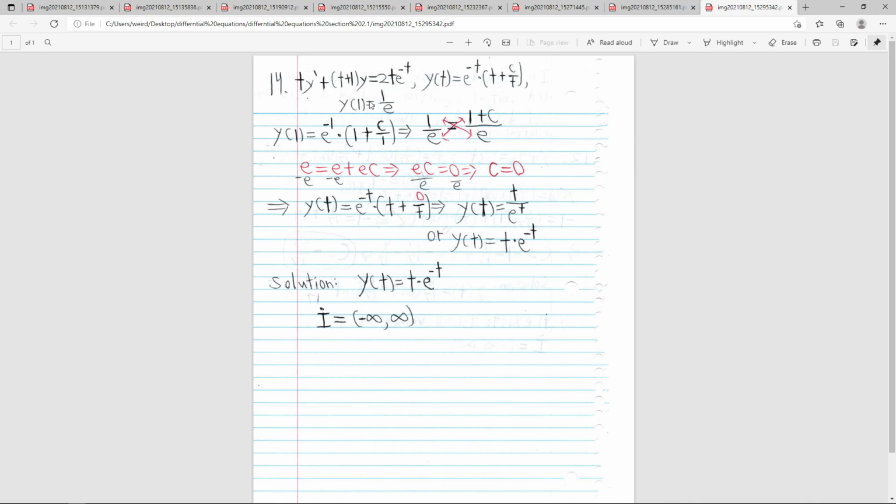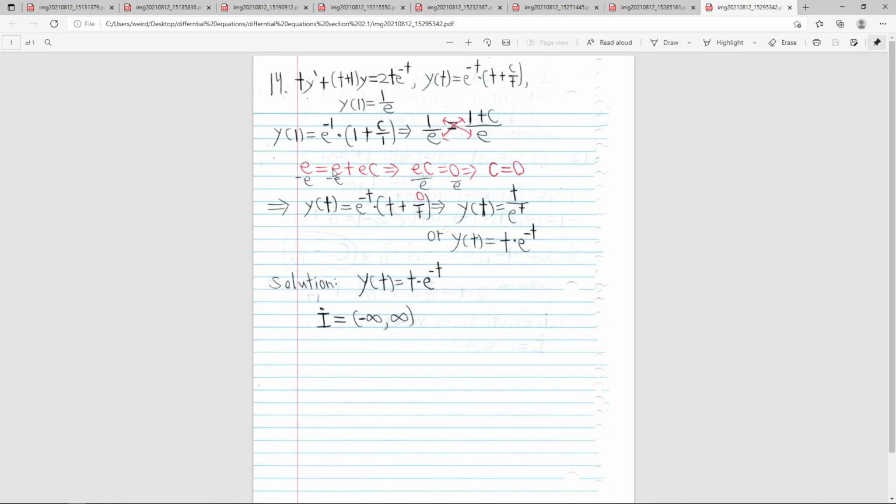So y of 1 is equal to e to the negative 1, because t is equal to 1 in this case, times 1 plus c over 1. So basically 1 over e is equal to 1 plus c divided by e, and we can just cross multiply to solve for c.